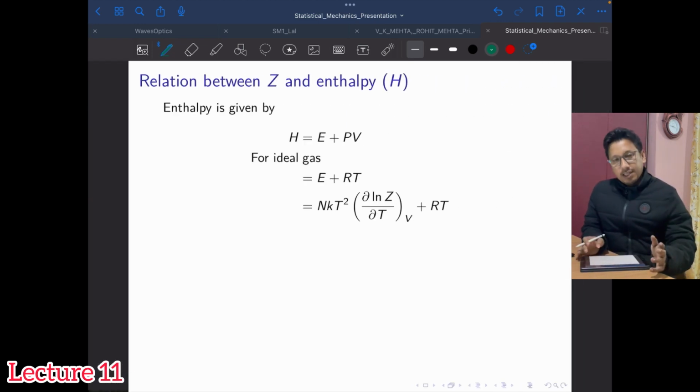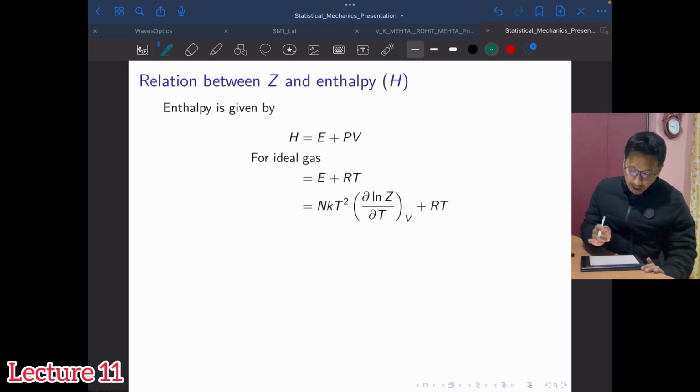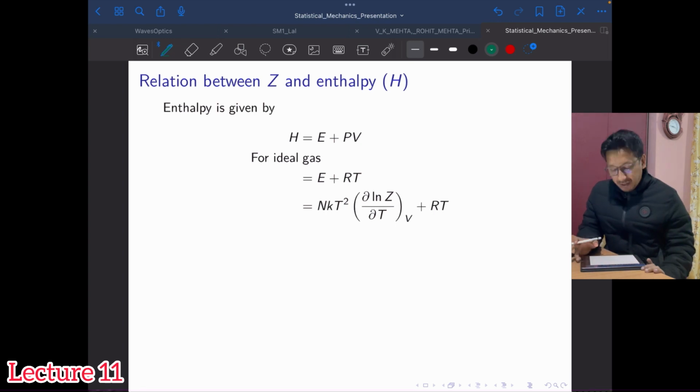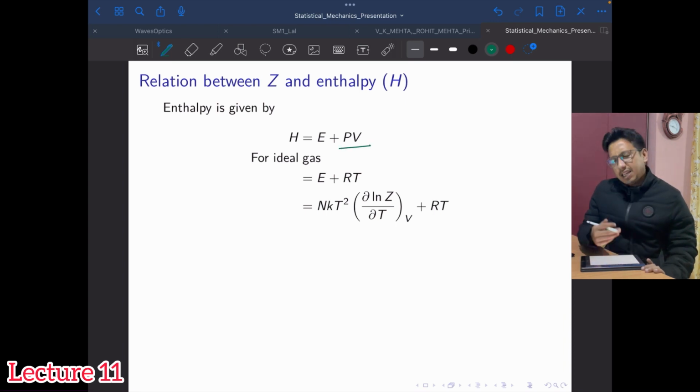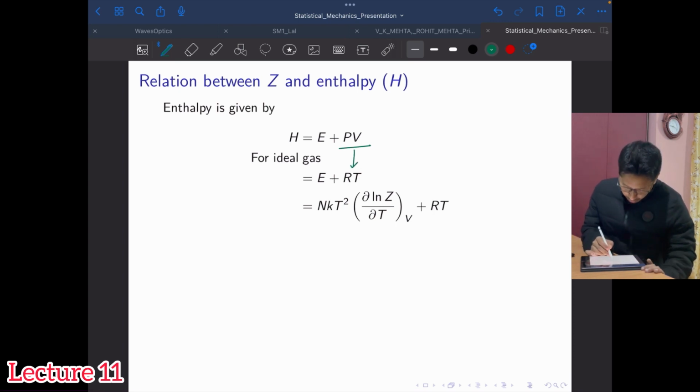Then let's look at the relation between the partition function and enthalpy H. The enthalpy of the system is given by H equal to total energy plus PV. P is the pressure, V is the volume. For ideal gas, PV equal to nRT, and for simplicity let's assume n is equal to 1.